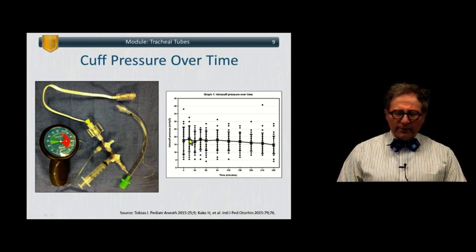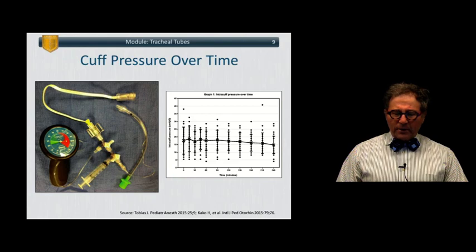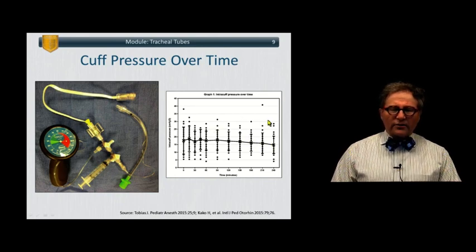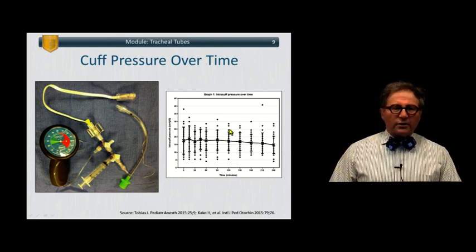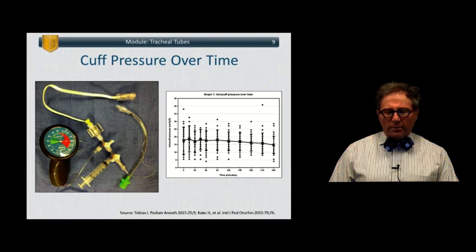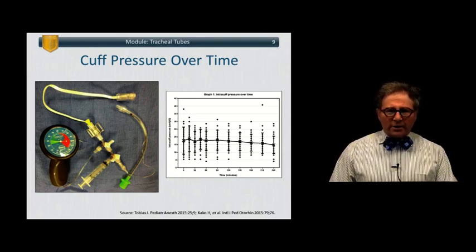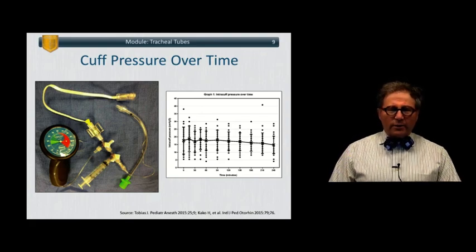And you can see here on the right the cuff pressure in an endotracheal tube that has been inserted in the patient over a period of time with pretty stable pressures and not particularly excessive pressures at any time. Although in some cases the pressures exceeded 25 centimeters of water, which is probably less desirable. And if the cuff pressure were checked, we would deflate the cuff somewhat in order to bring the pressure down.